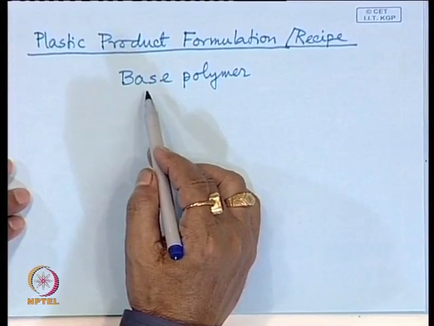You want to make a pen, a seat, a chair, a pipe, an overhead container, or an electrical switch, socket, switch board, or insulation of conducting wires, or a tire, whatever product you make. First of all, you have to select a polymer depending on the final product you are going to make.